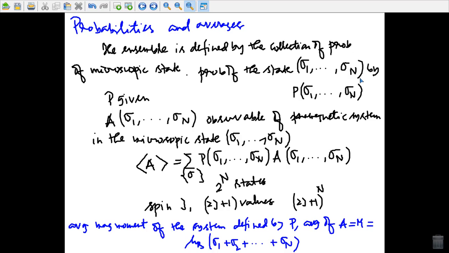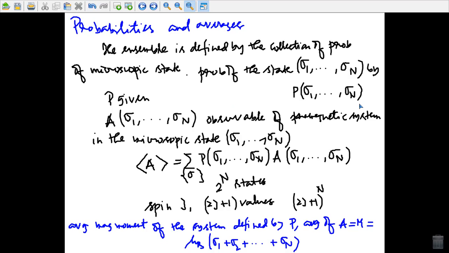The ensemble is defined by the collection of probabilities or recurrence rates of every microscopic state, and we denote the probability of the state sigma 1 to sigma n by p of sigma 1 to sigma n. Once p is given, the problem of evaluating averages becomes a mere technicality.